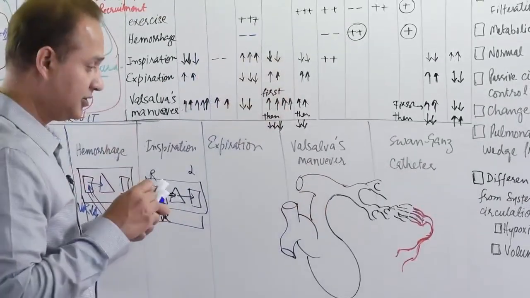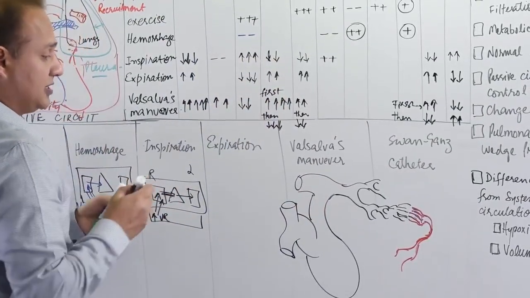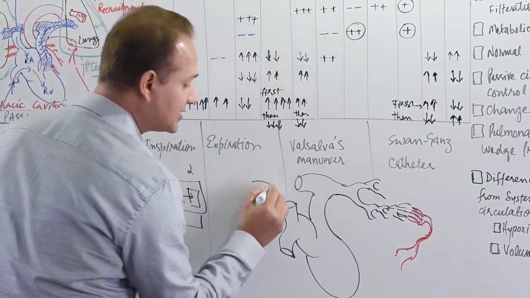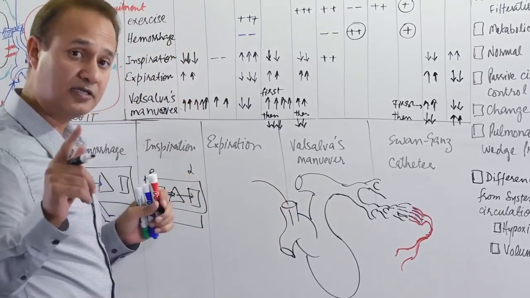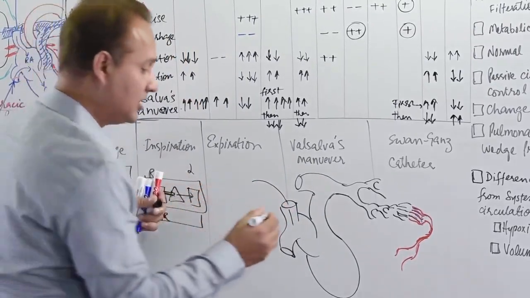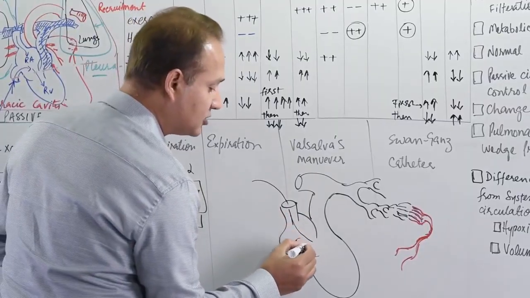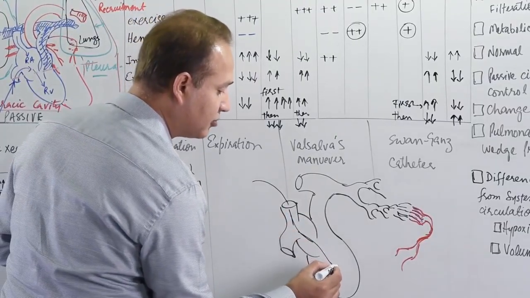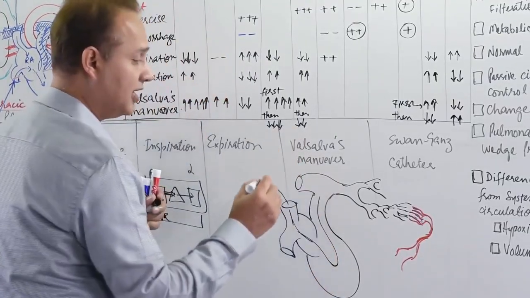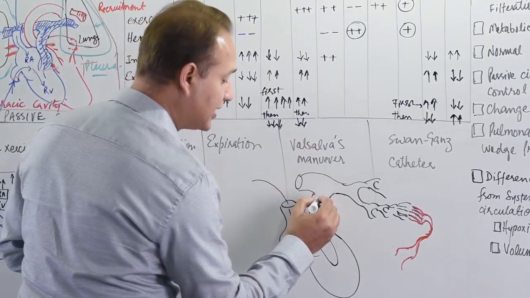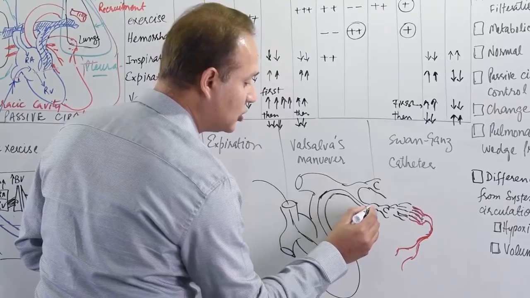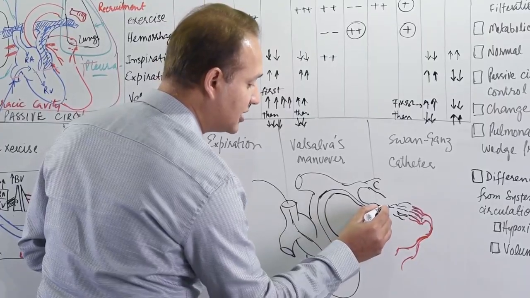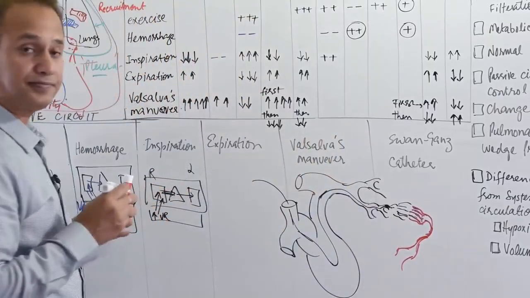Now, check this out. What we do is we insert a Swan-Ganz catheter into the right heart. There is no access to the left atrium. From the right atrium to the right ventricle, from there to the pulmonary artery, and there's a small balloon attached to it. We keep pushing it into the pulmonary artery till it gets lodged into the smallest possible artery it can get stuck at.